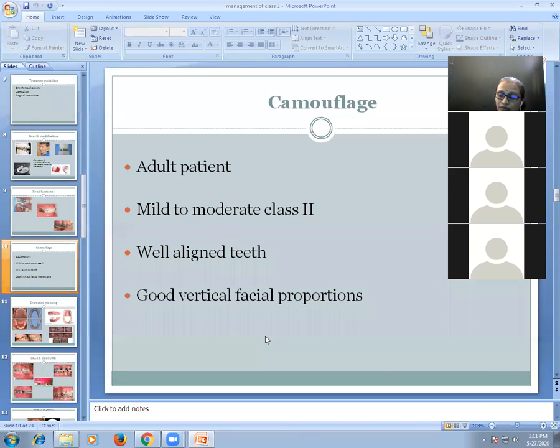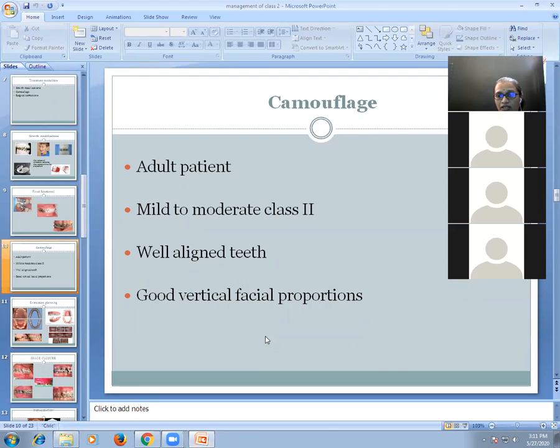Then coming to camouflage. When you consider camouflage, what is a camouflage? When the patient is beyond the growth phase and has moderate skeletal features, there are degrees of everything, like mild, moderate, and severe. Mild and moderate cases you can treat with camouflage.